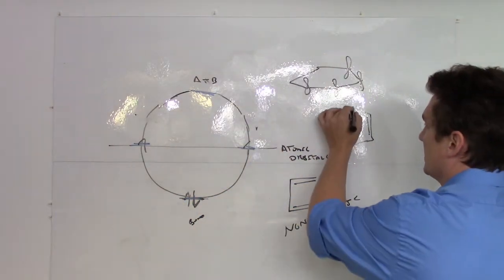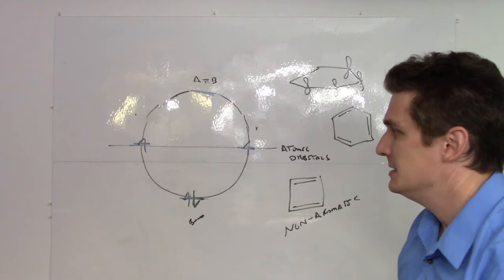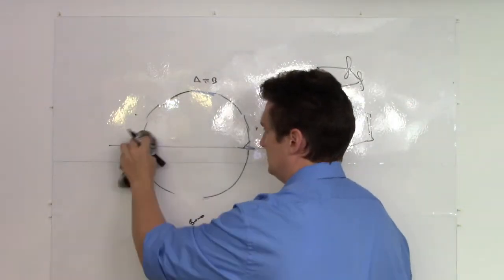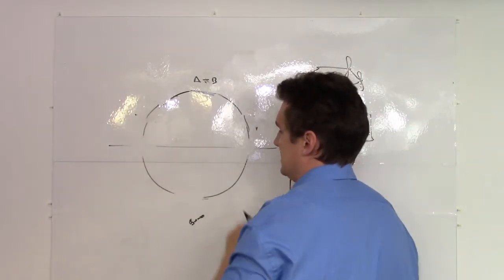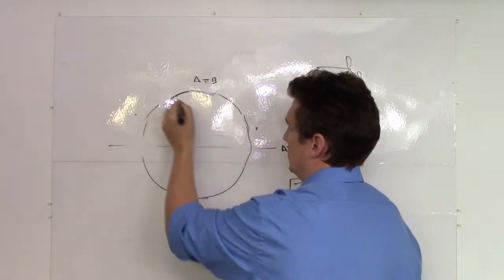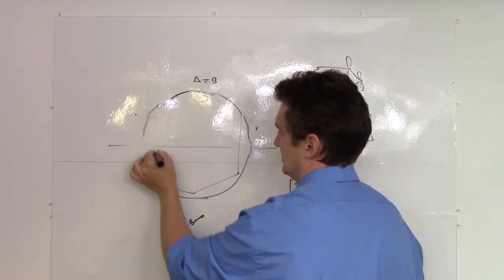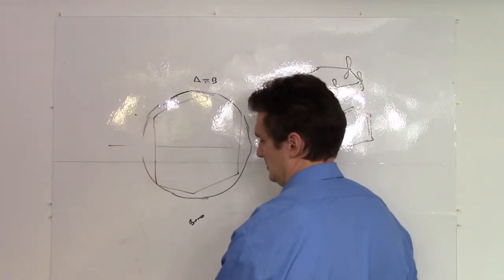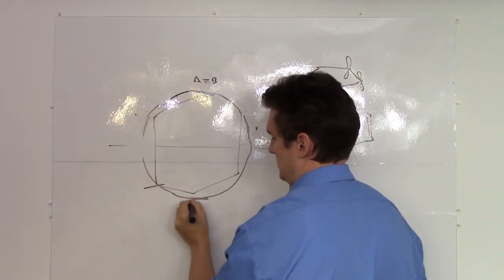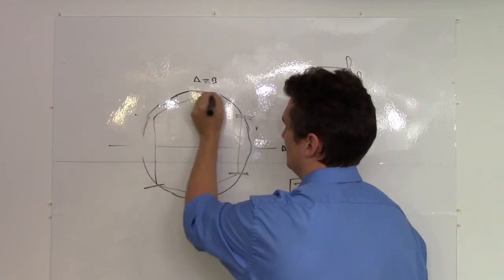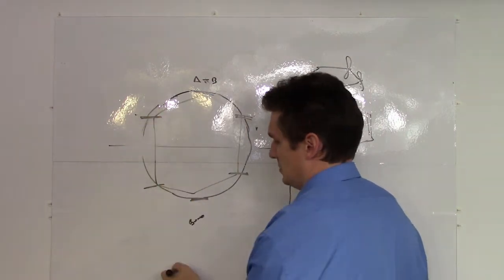Now, let's say we do benzene itself. So benzene has 6. We're going to draw a hexagon. So we got 1, 2, 3, 4, 5, 6 orbitals.